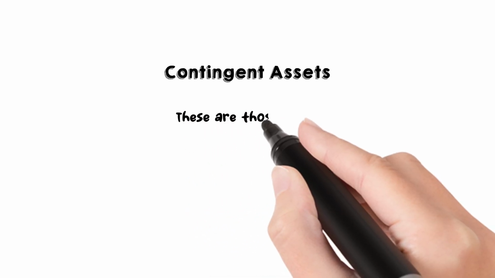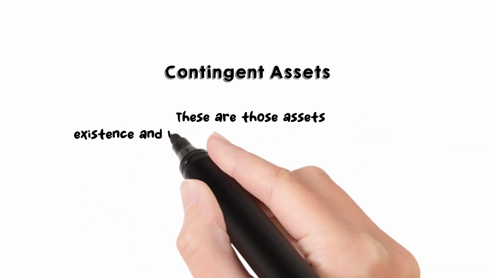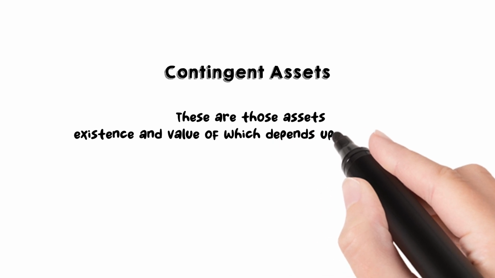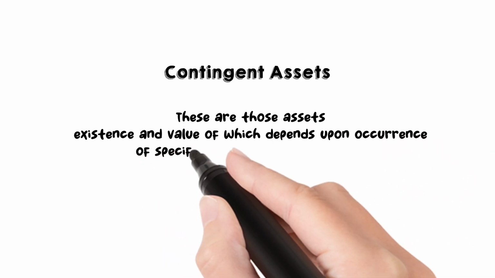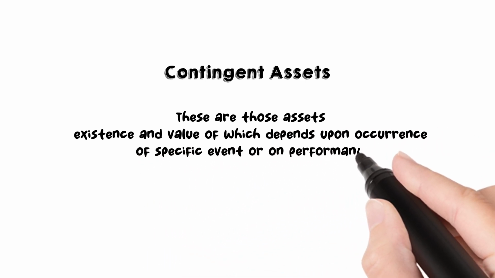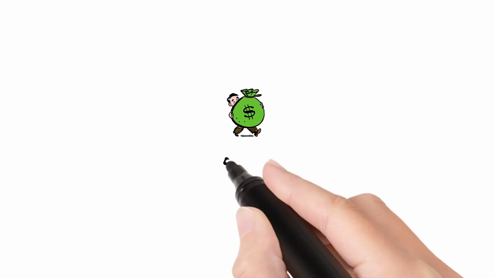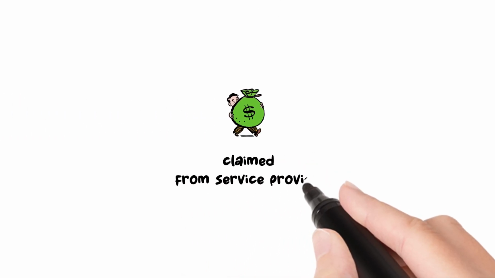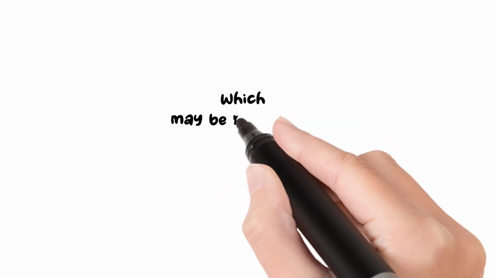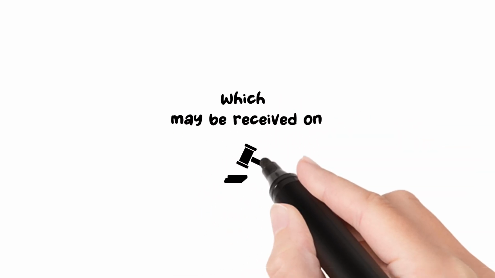These are those assets whose existence and value depend upon the occurrence of a specific event or on performance of a specific act, like compensation claimed from a service provider, which may be received on a court decision.